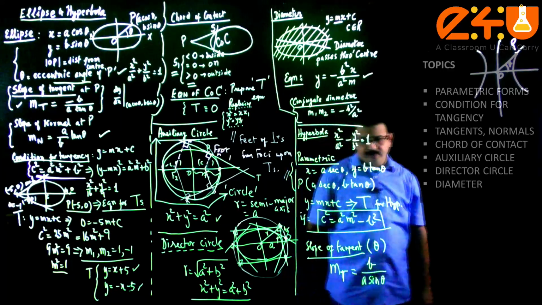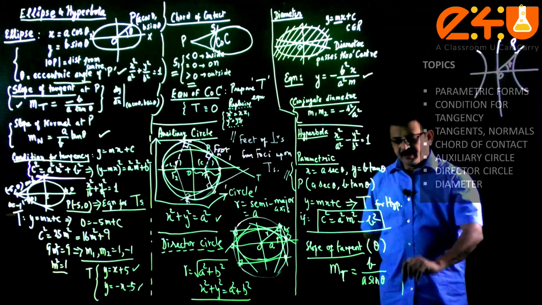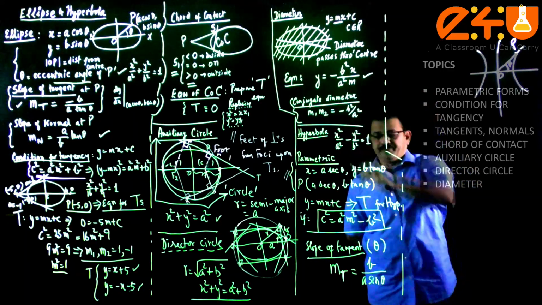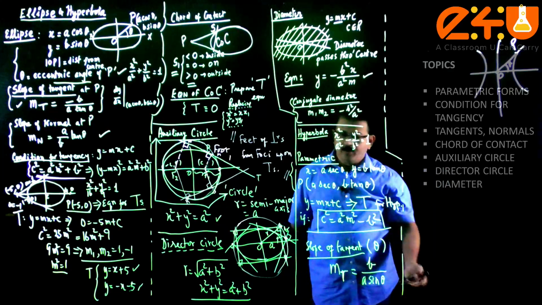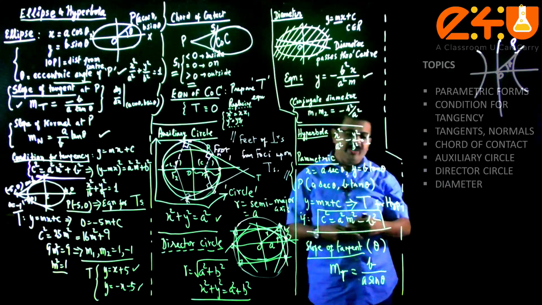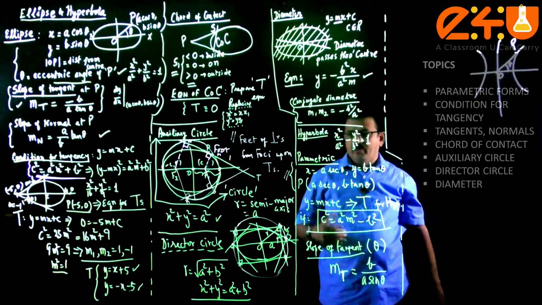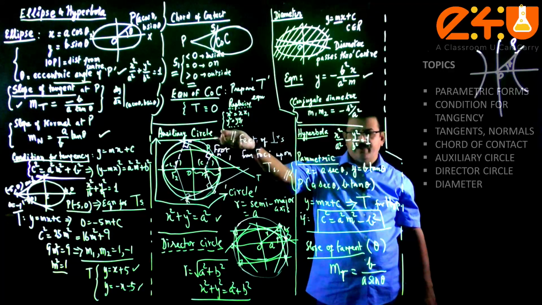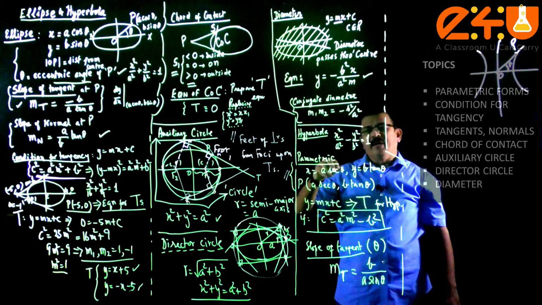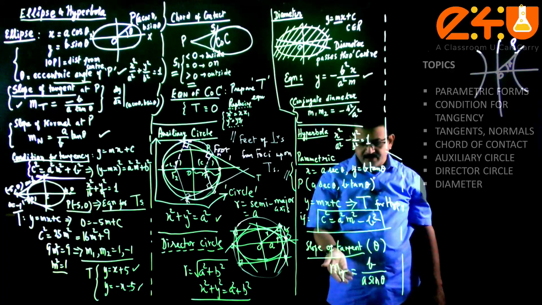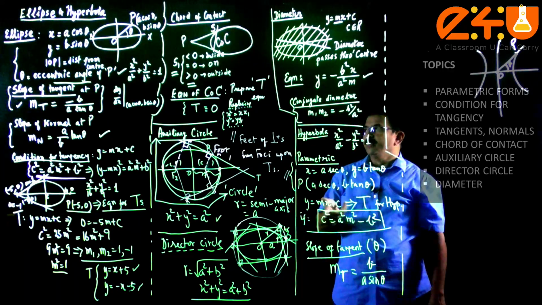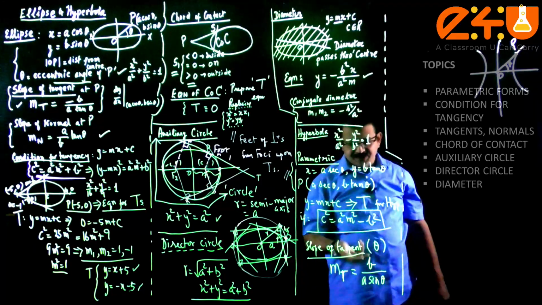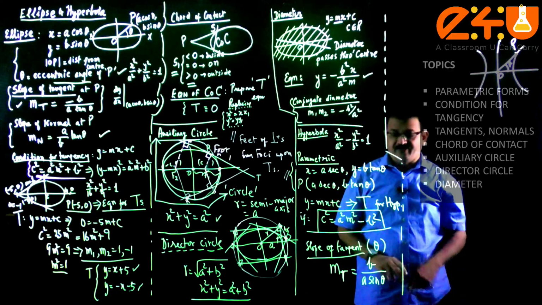This is the answer for the slope of the tangent. How is this arrived at? I told you there are two different ways. One is you prepare the tangent equation by the replacing technique, x squared becomes xx1, y squared becomes yy1, and thereby minus x coefficient by y coefficient gives you the slope of the tangent. Or you can also do differentiation and arrive at this expression, b by a sin theta.